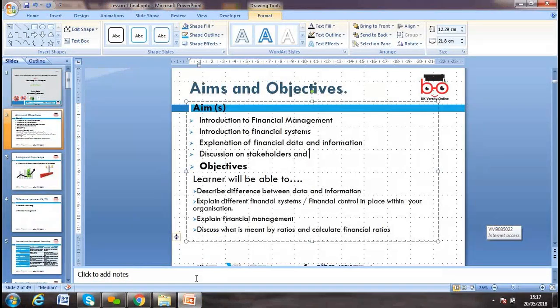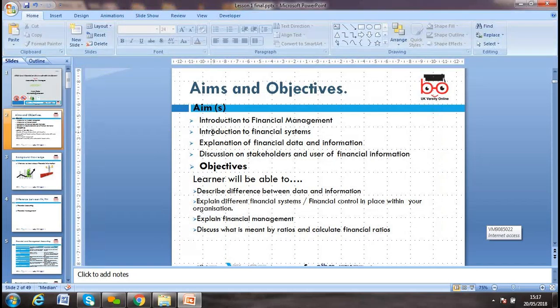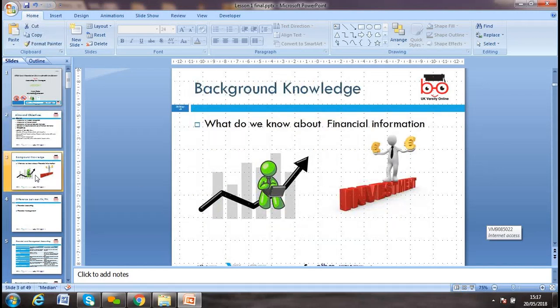So these are our aims: introduction to financial management, introduction to the financial system, explanation of financial data and information, and discussion on stakeholders and users of financial information.